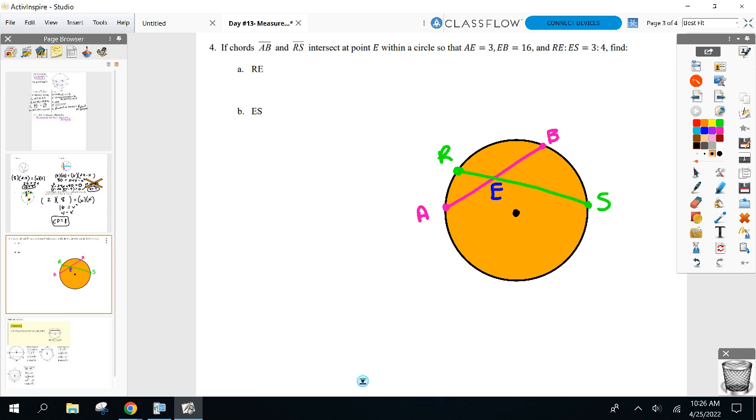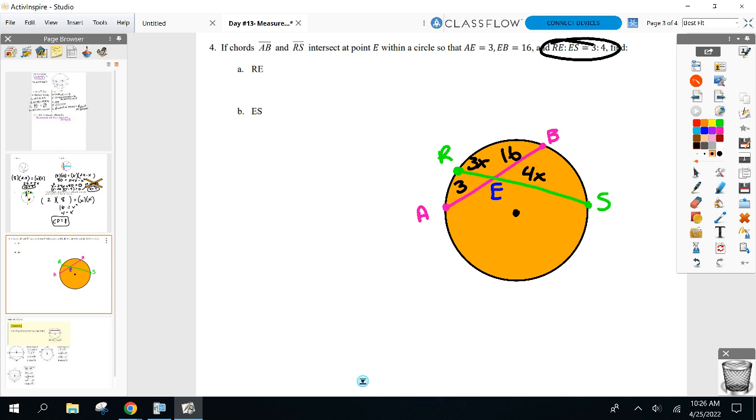AE, you guys threw on 6? EB 16. What are you doing here? RE to ES, 3 to 4. Putting X's with them. Good. So RE, hopefully we have a 3X on there, and ES, hopefully we have a 4X.